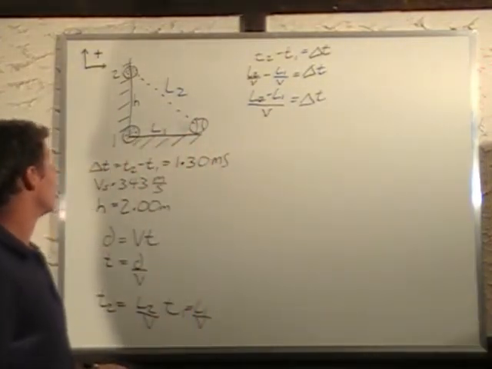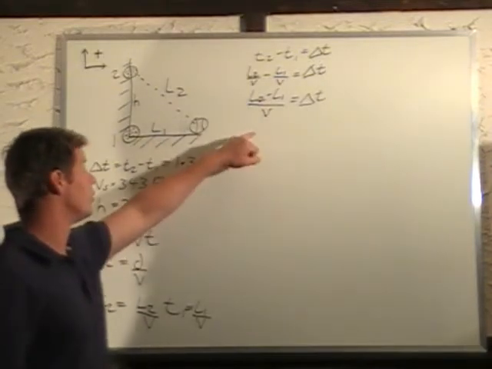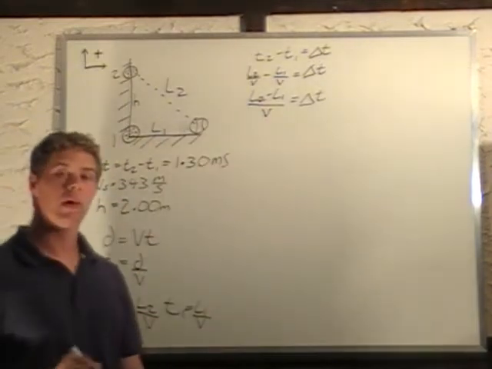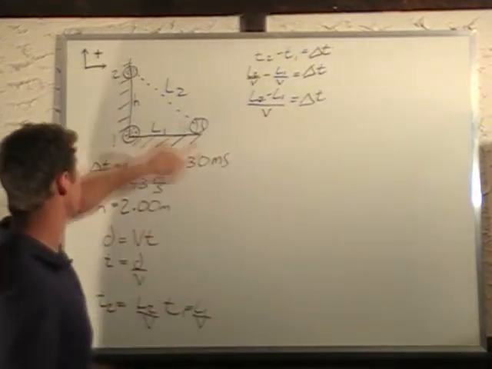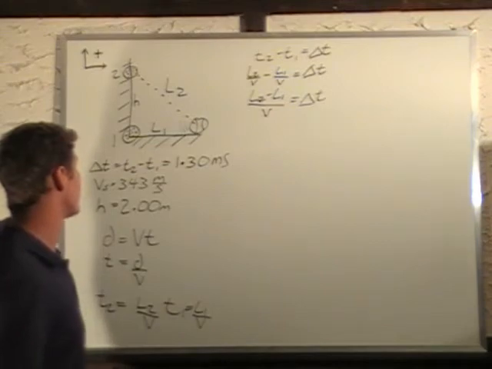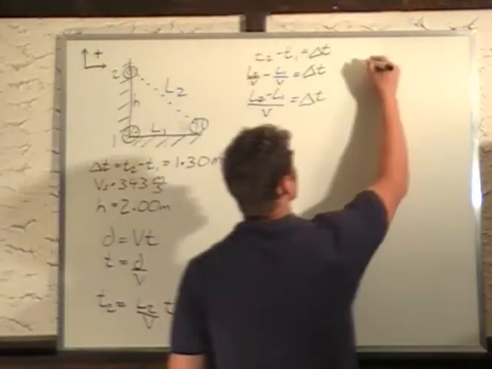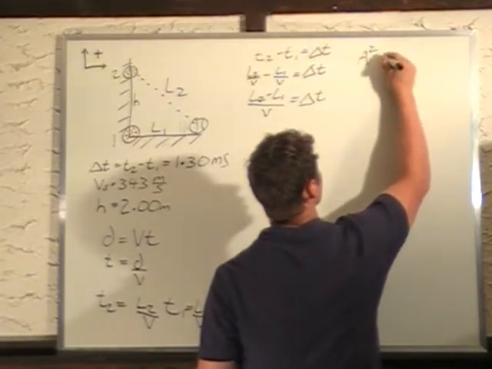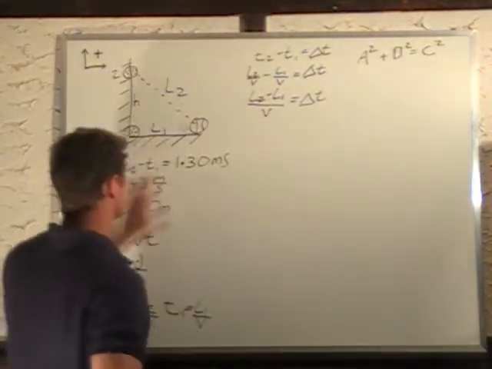Now, we don't know L2, we don't know L1, we know V, we know delta T. We do know, however, a relationship between the two lengths, L2 and L1. We can use Pythagoras' theorem: a squared plus b squared equals c squared, where c is always the hypotenuse.